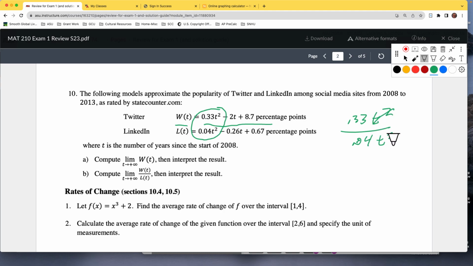Again, the t squares are going to algebraically cancel. They become 1. So now there's no variable, right? It's just going to go to 0.33 divided by 0.04, which actually ends up being a bigger number. So that's 33 times 4 is 120 something.